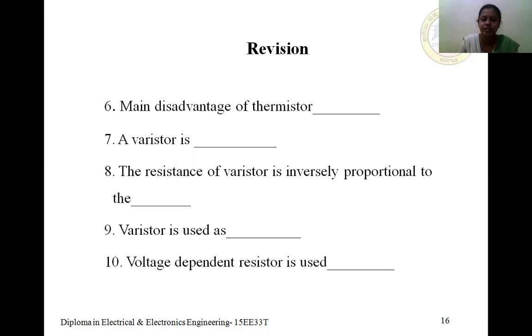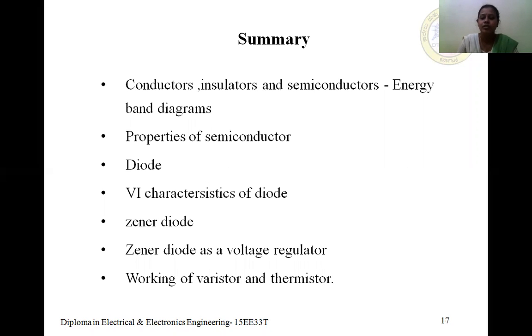Normally, a varistor is used in surge protected power adapters, and it is used in telephone and communication lines for protection purposes. The answer for the tenth question is surge protected power adapters, telephone and communication lines. So this is about the varistors and thermistors.